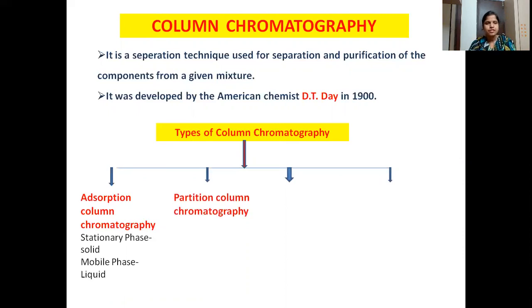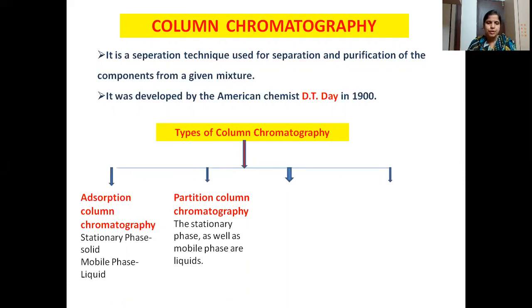The other technique is partition column chromatography. Partition takes place between two phases, the mobile phase and the stationary phase, which are made up of liquids. So we can use a liquid as the stationary phase. How can we use a liquid?